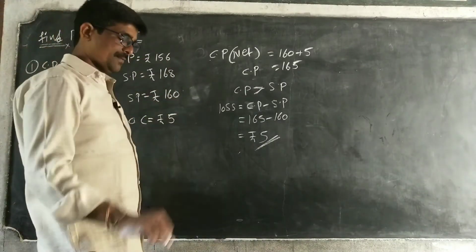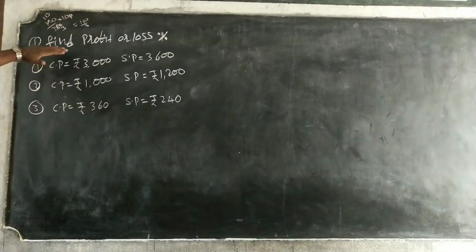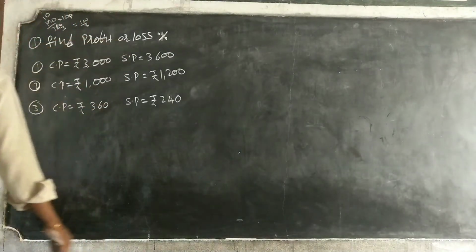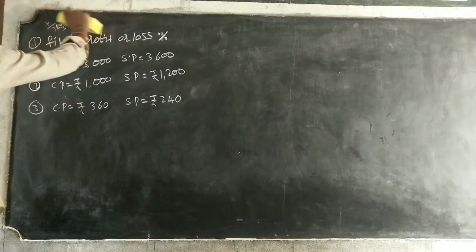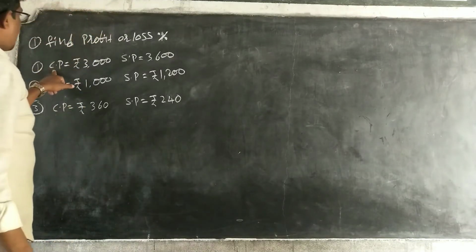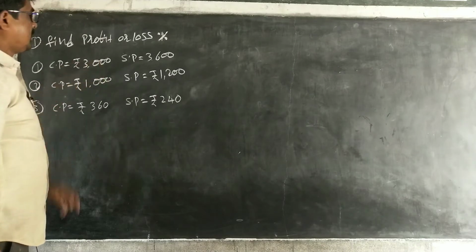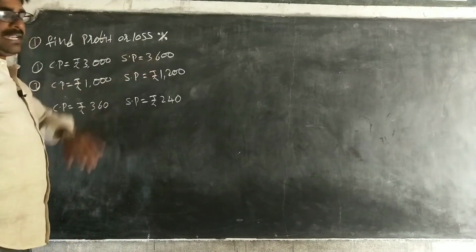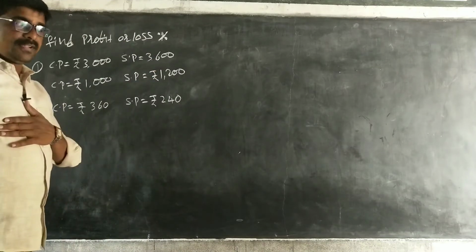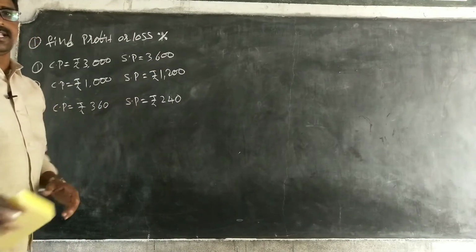Okay. Next. Find profit or loss percentage. How are we finding? Cost price is equal to rupees 3000. Selling price is 3600. So definitely you got profit. How much profit? Then after that, profit percentage.